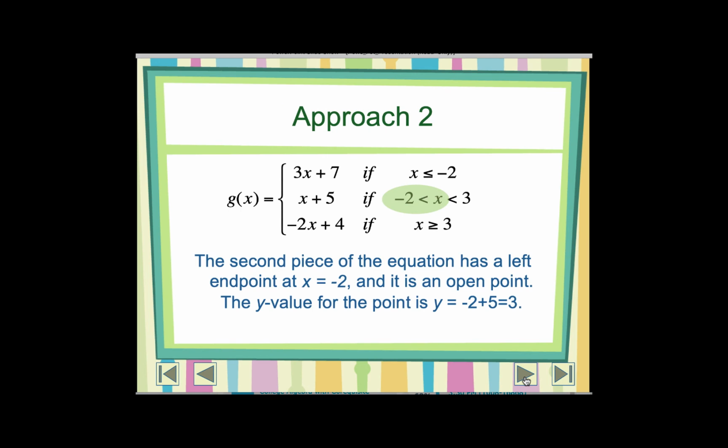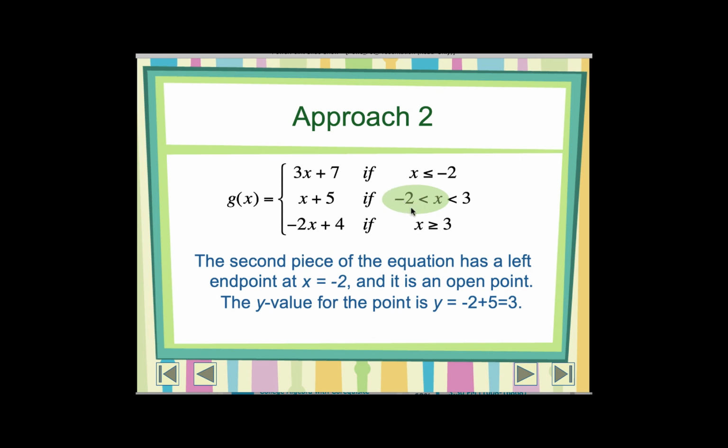So now I have to worry about the second piece of the graph. So again, in my head, I know that this was a straight line. I see that I am keeping a piece of the line, so I'm going to end up with a line segment. And so that line segment is going to have two endpoints, and these are the x values for those endpoints. Because there's no equal to sign, they are both going to be open points.